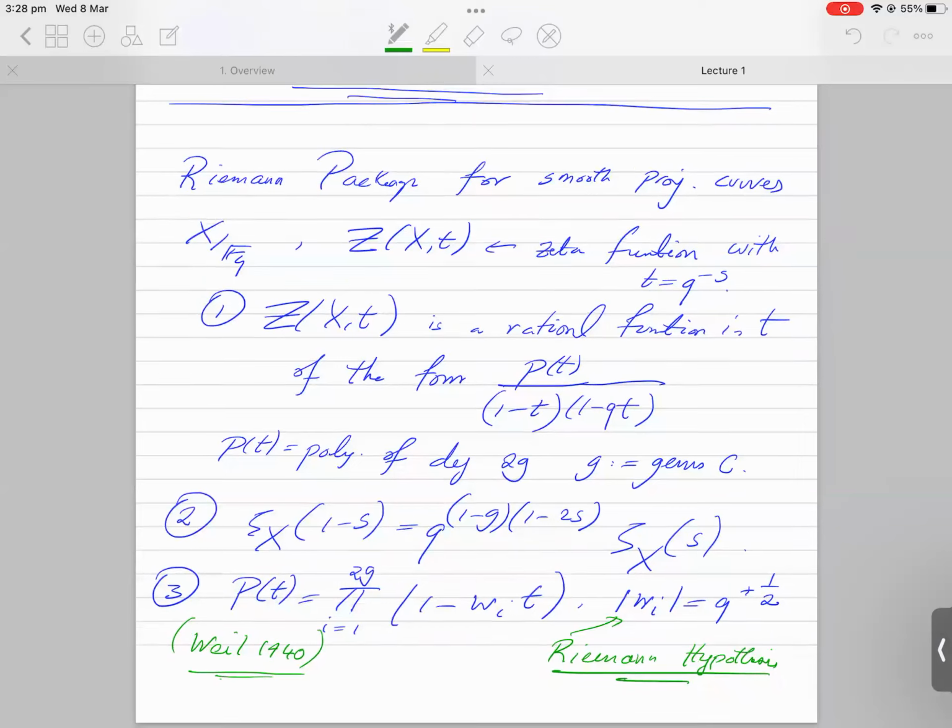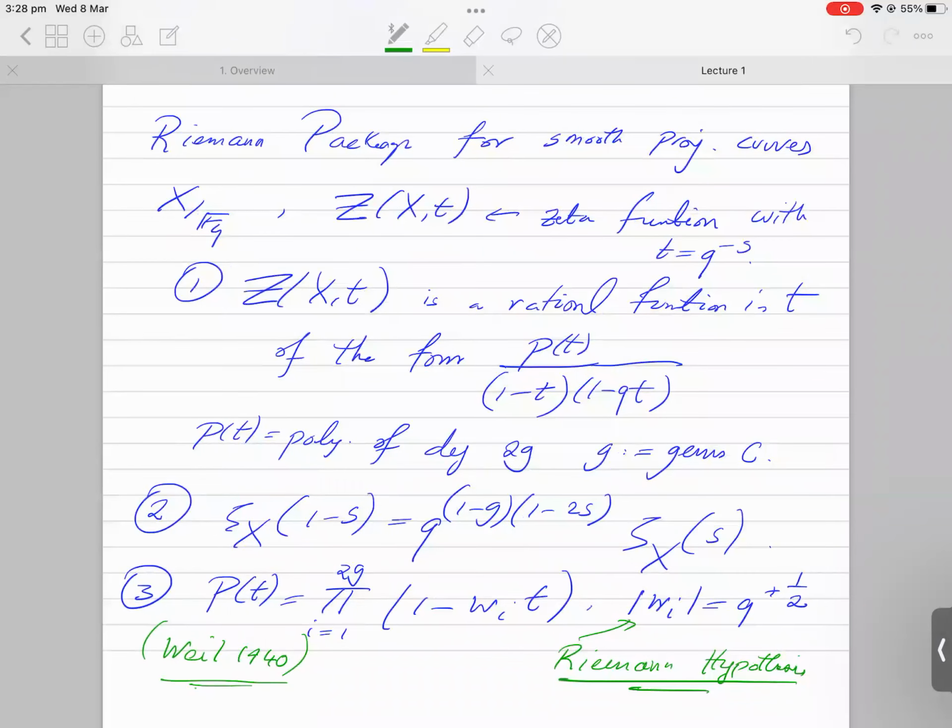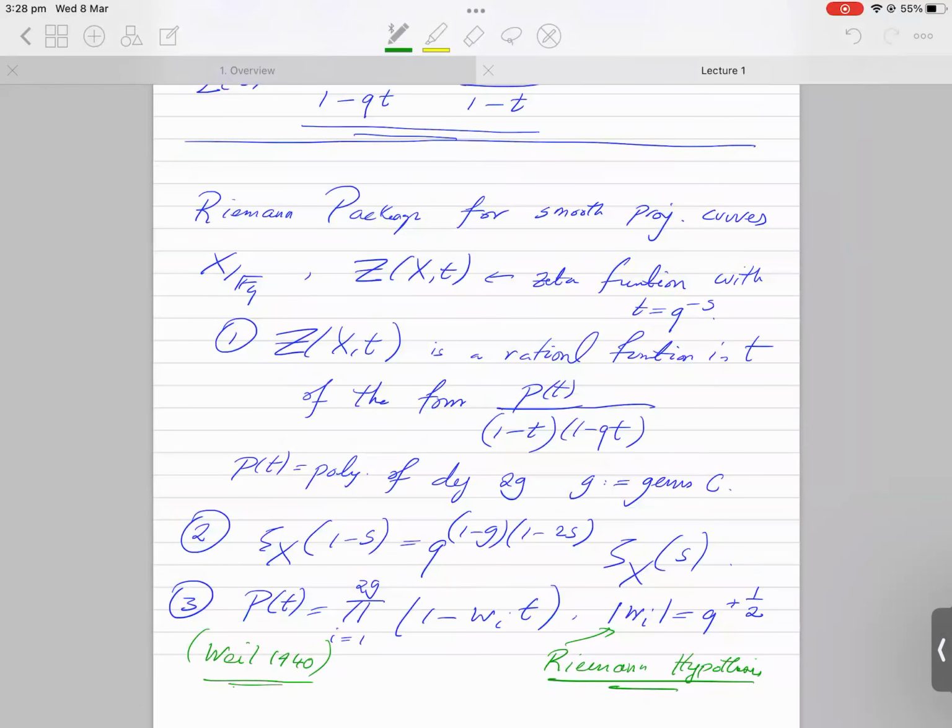Now, what I will explain next time is that this is for curves, and of course, we're going to talk about a version of this for higher dimensional objects. For curves, it was proved by Weil, and then the higher dimensional case was conjectured by Weil and proved by other people.